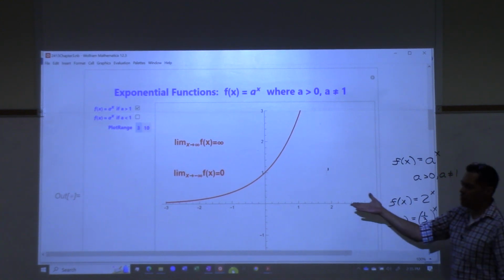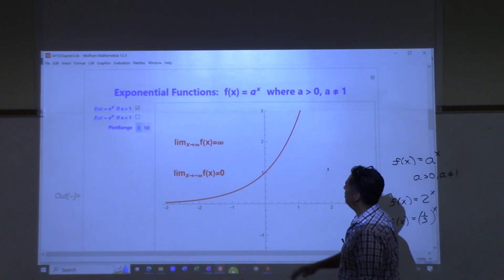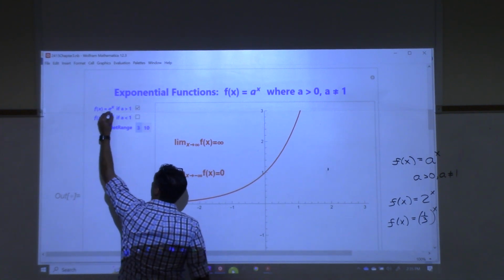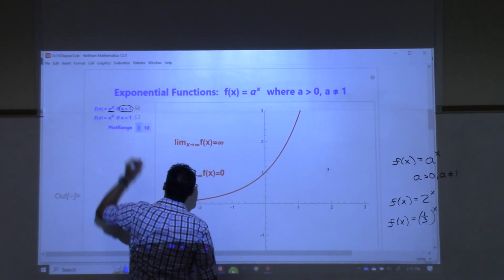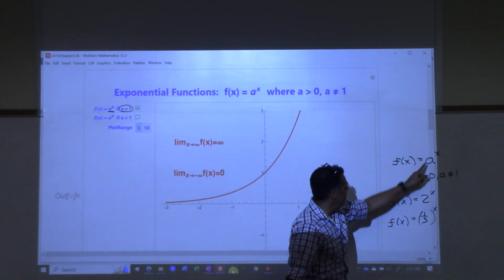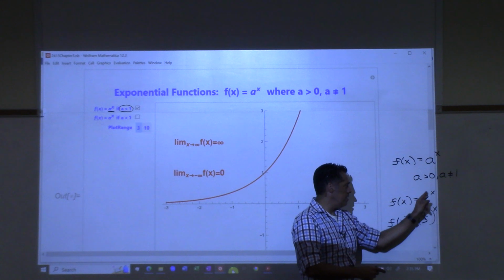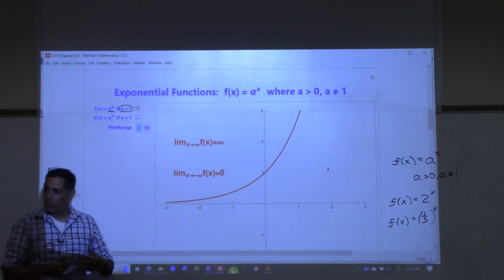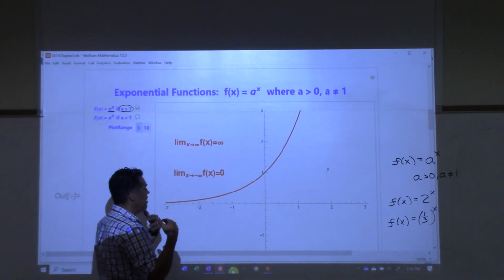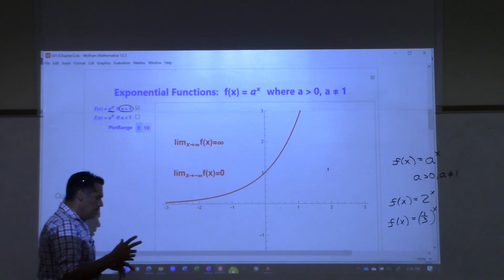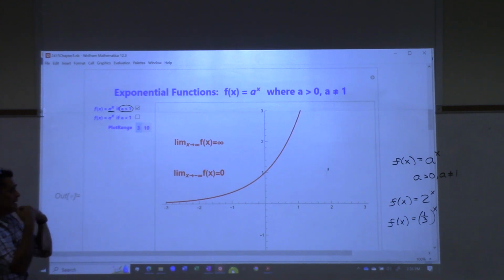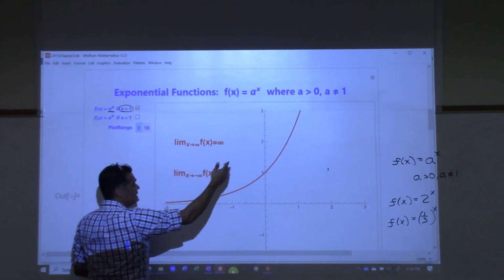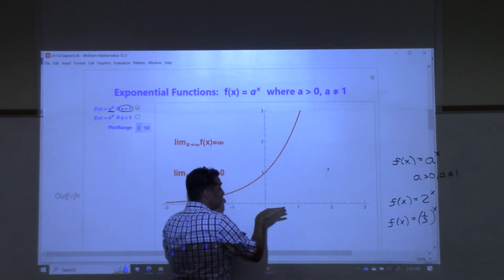And when you graph them, they look like this. Well, kind of. This right here is a graph of the exponential function f of x equals a to the x if the a that we have is bigger than 1. So if the number down here is bigger than 1, like this example 2 to the x, then our graph should look something like this. And we call this exponential growth. So remember, from when we were talking about limits, if I give you the graph of a function and ask what's the limit as x goes to infinity, that means as you go to the right, what does this exponential function do?